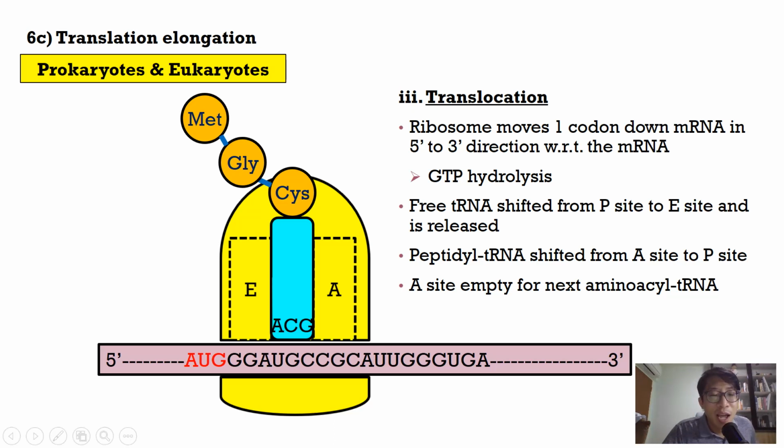Then you have elongation of the polypeptide, right? And the elongation is in a particular direction as well. The new amino acid is always added to the carboxyl end, the carboxyl terminal, of the growing polypeptide.